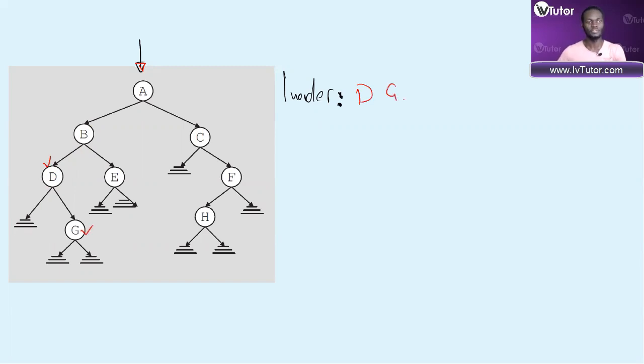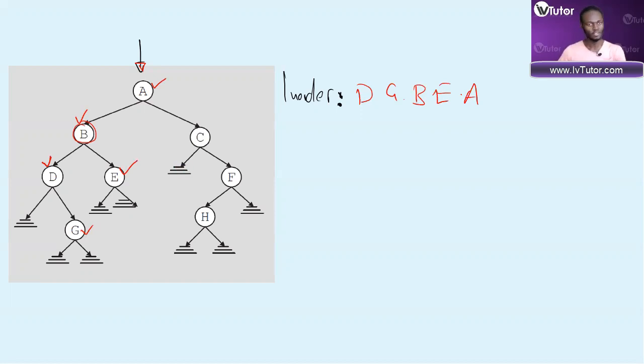Now that we are done with the left of B, we can print B because it's left, node, right. And now that we've printed our node B, we can go to the right, which is E, and print E. Now that we are done with the left of A, we can print our node A, and then go to the right where we find C. But before you print C, left first.